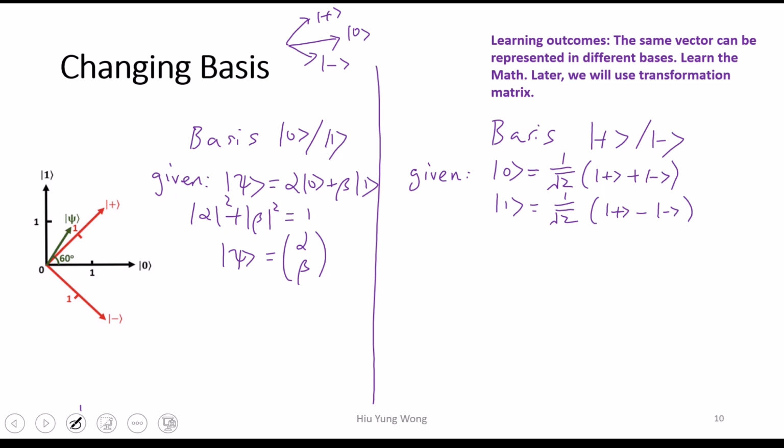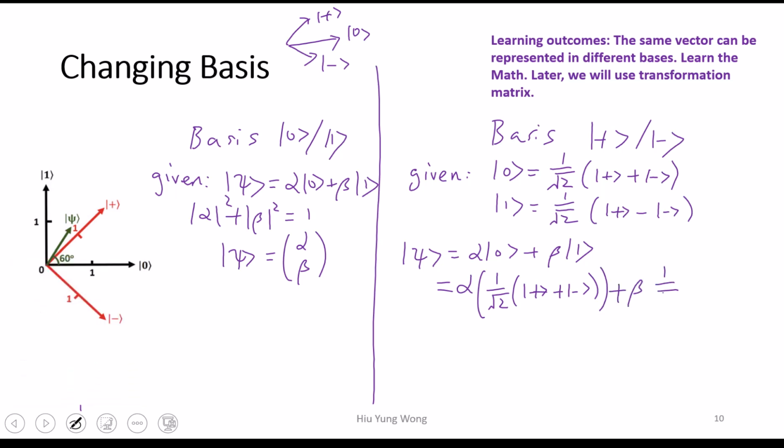So then, what is psi? Well, psi equals alpha 0 plus beta 1. I can do substitution because 0 is just 1 over square root 2 times plus plus minus, and then plus beta times 1 over square root 2 times plus minus minus.